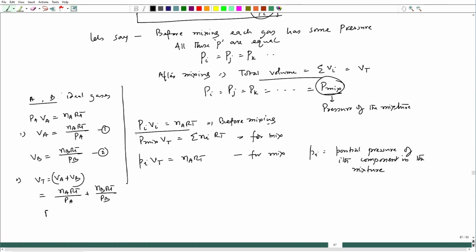And now, if P_A equal to P_B, then I can write V_T should be equal to (N_A plus N_B) R T by P, and equal to P mix. So, that means V_T is basically the total volume considering individual volume to start with at that temperature T.